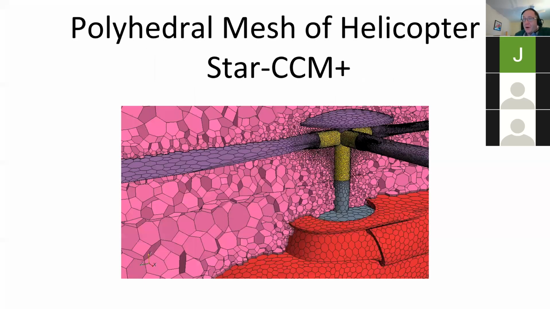Okay, here's one other one from what I used to do. So this is a helicopter blade. You're actually seeing wind resistance on a helicopter blade, and they're using a polyhedral mesh, as in they are determining the airspace and the geometry of this helicopter based on polyhedra.